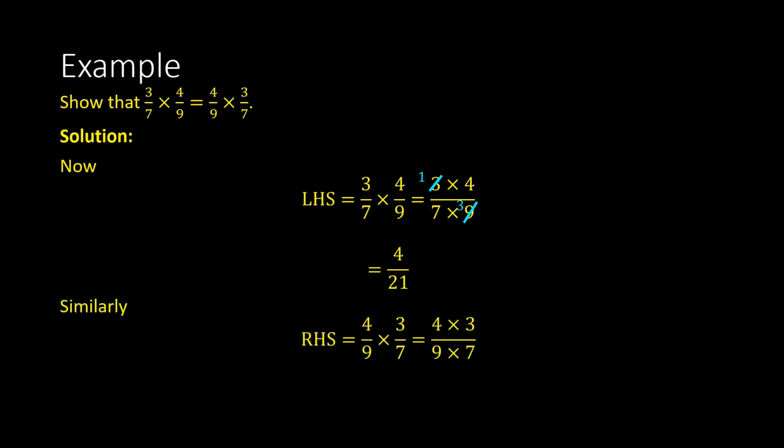Similarly, multiplying out the right-hand side gives 4 times 3 divided by 9 times 7. The 3 in the numerator cancels out using the 9 in the denominator, and carrying out the multiplication gives 4 out of 21. And we have therefore proved that the left-hand side equals the right-hand side, and that for this example, multiplication of fractions is commutative.